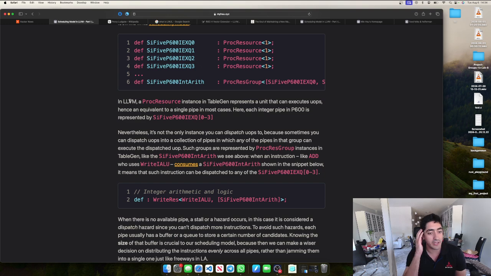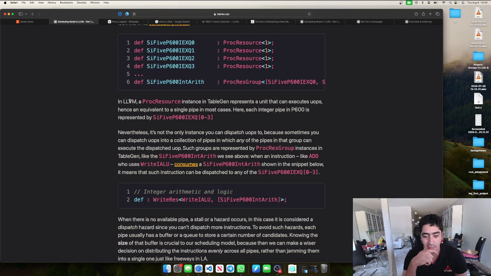Alright, so in LLVM, a process resource instance in TableGen represents a unit that can execute UOPs, hence equivalent to a single pipe in most cases. Here, each integer pipe in P600 is represented by Sci5 P600 IEX. Nevertheless, it's not the only instance you can dispatch UOPs to, because sometimes you can dispatch UOPs into a collection of pipes in which any of the pipes in that group can execute the dispatched UOP.